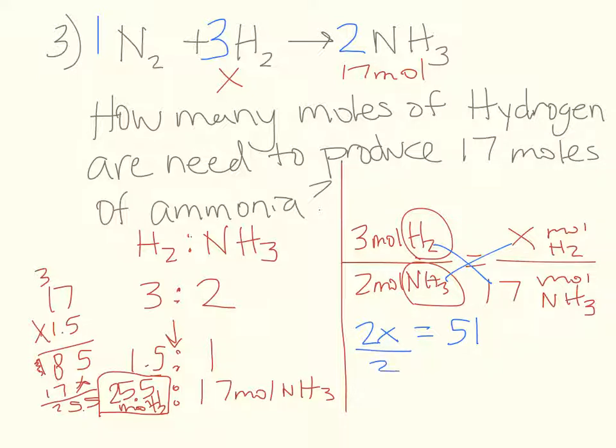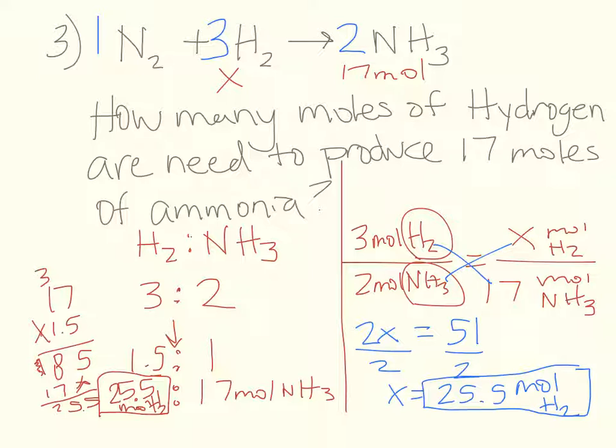So when we divide by 2, okay, we're going to get X equals 25.5 moles of H2. Okay, 25.5 moles of H2 is going to be our answer for this one.